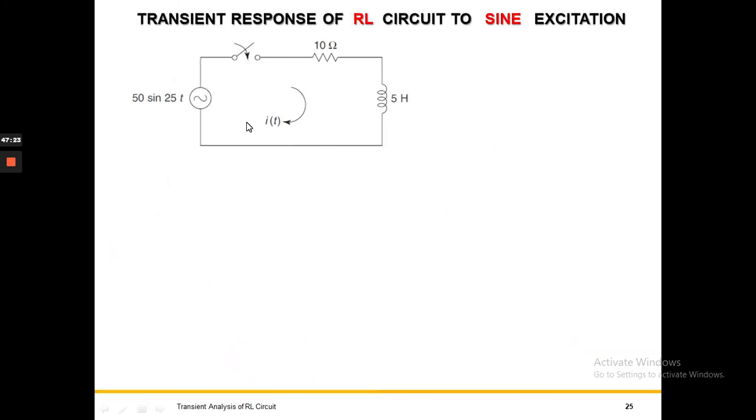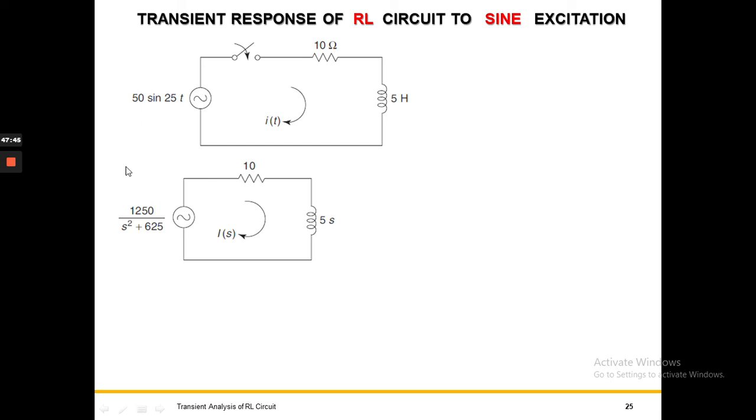Now we are giving the driving function as a sinusoidal function to the series RL circuit. The Laplace transform of sin omega t is omega divided by s square plus omega square. Here omega is 25, so it is omega divided by s square plus omega square.